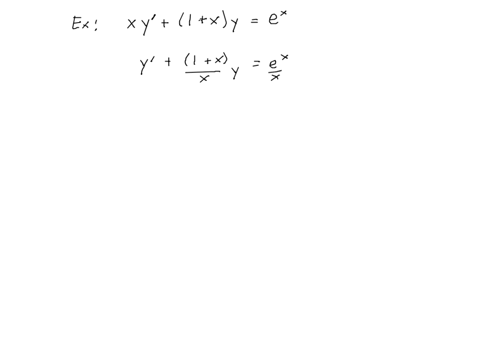And so what happens is you can see that we have the dy term by itself. Our f of x is all this stuff, so it's equal to 1 plus x over x. And then our g of x term is equal to e to the x over x.